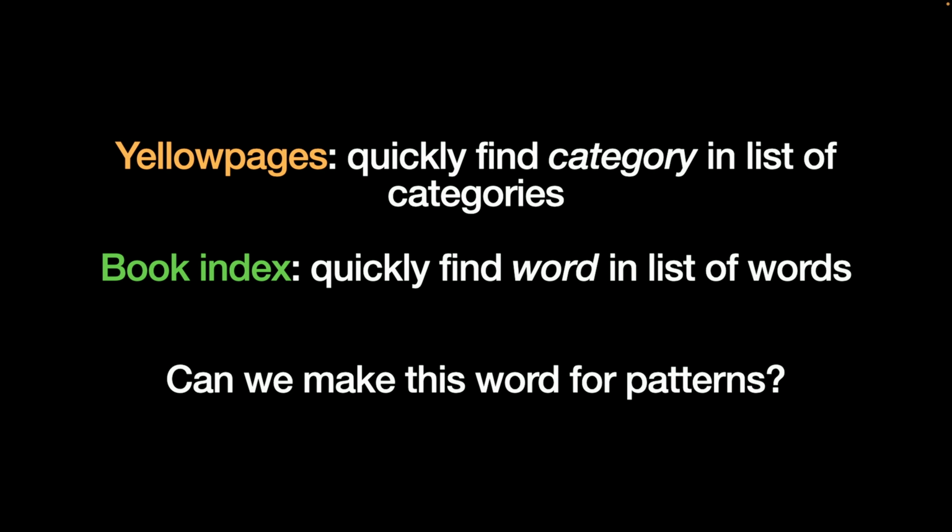Oh, it's before. Okay, we'll ignore the other half and go up the sorted list of categories and look halfway again. Oh, is bakery before or after this? Okay, well, it's going to be in one of the categories higher than this. The same kind of thing, except now instead of binary searching through the entire yellow pages, we're doing it just on a shortened list that condenses everything else in the book. We could also do this for a book index.